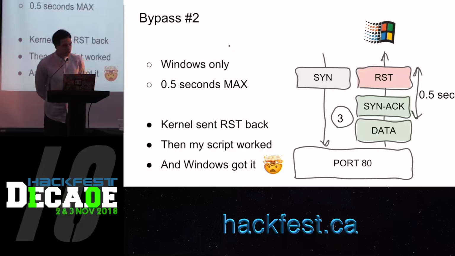After some investigation, I found that there is a half-second window in which I can send these packets after the TCP reset packet. And this trick does not work for Linux systems, so only Windows clients did accept the data.